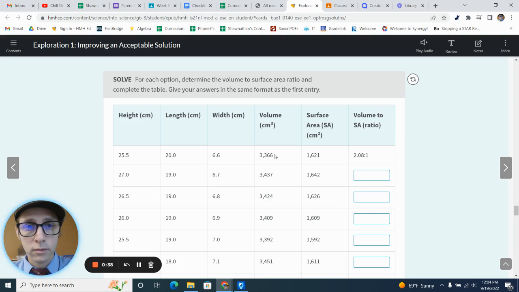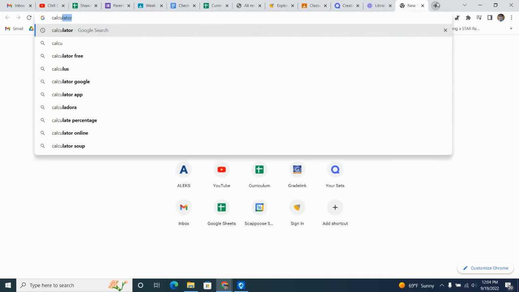So all we're really doing is we're taking this number and we're dividing it by this number, okay? And so you can see if we take 3,366, and we can use a calculator for this.